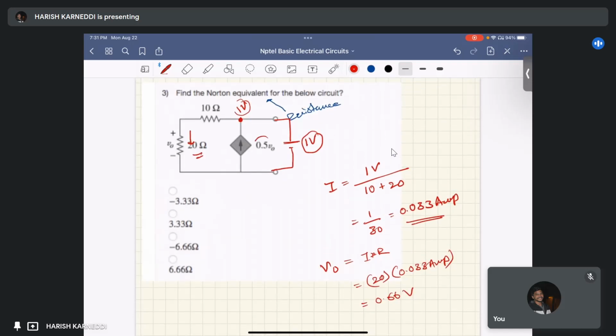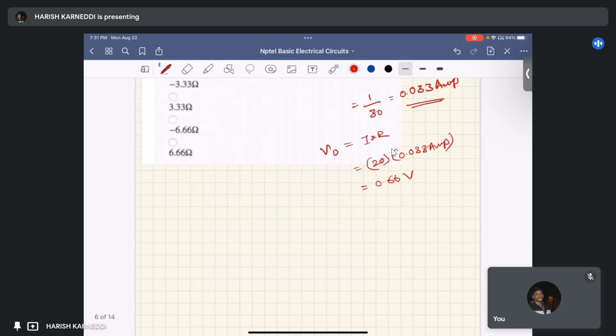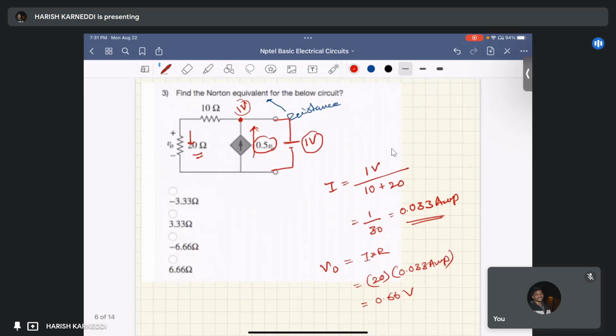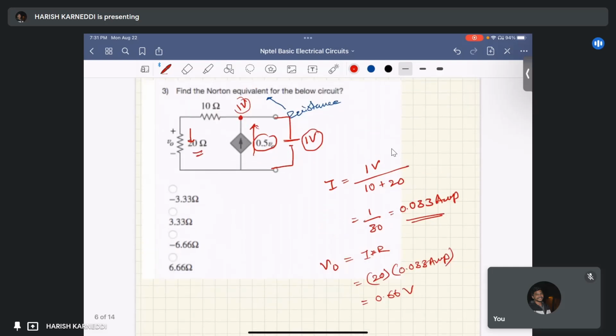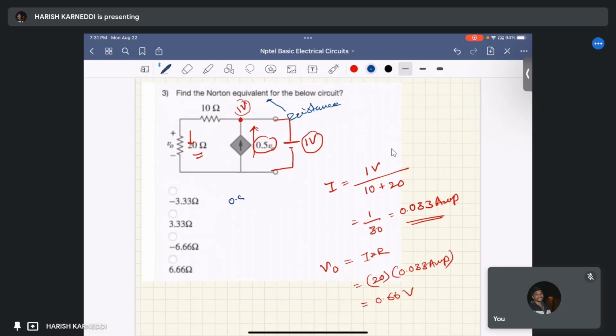Then we can find the current delivered by this dependent current source, 0.5 V naught, which equals 0.5 into 0.6667, which is nothing but 0.333 amperes.